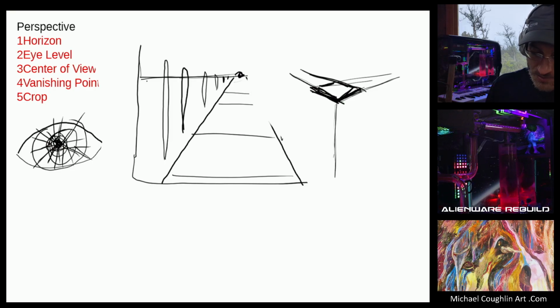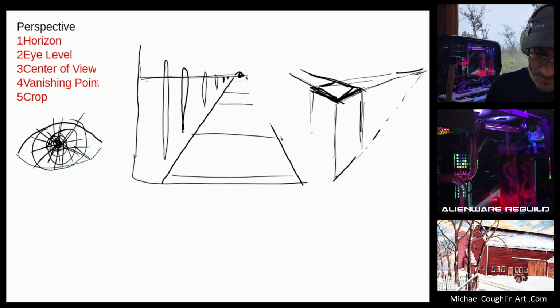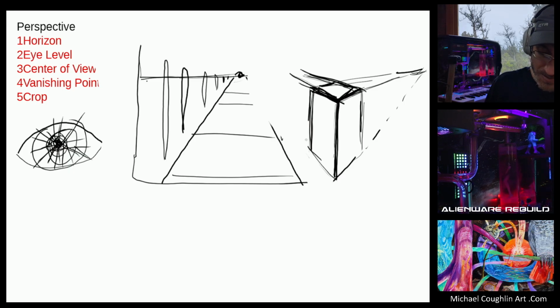So if it's closer to me, obviously it has to be larger. Like here's a good example with this bottom. Okay, they're going to vanish over here. Same thing with this one. This is smaller than that because it's further away. Vanishing point, then, because this is smaller than this, it's going to make a vanishing point. Okay?